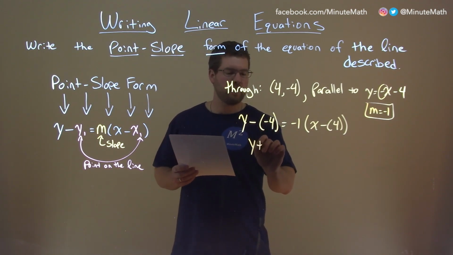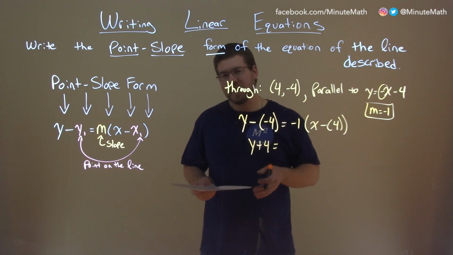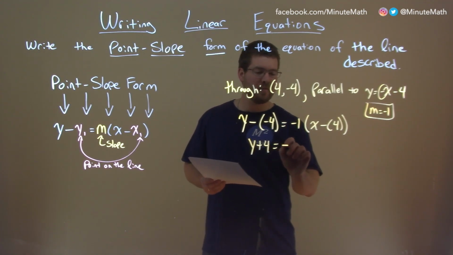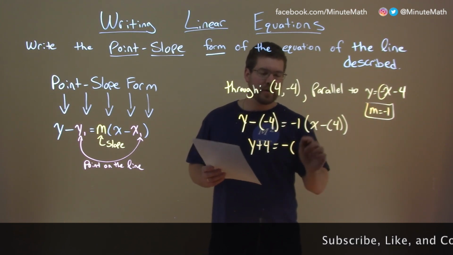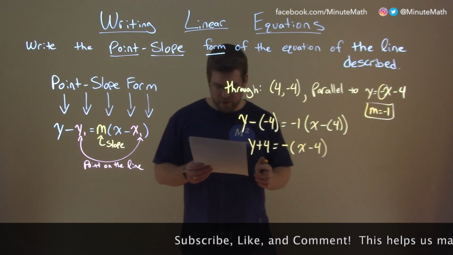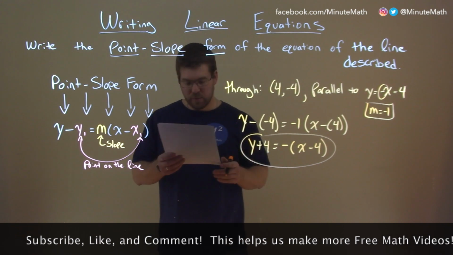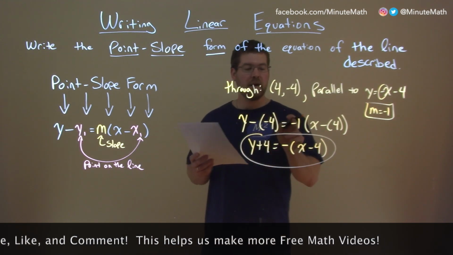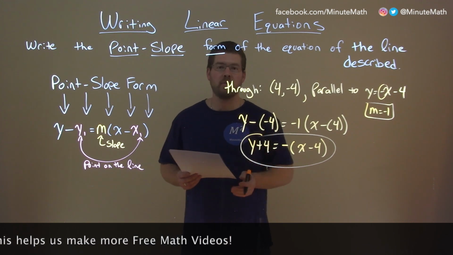So we have y plus 4 here. All right, -1, with multiplication, we never really write it. We can just leave the negative sign out here and put the parenthesis. Y minus 4 here, get rid of the inside parentheses, don't need that. Y minus 4, and there we have our answer in point slope form. Y plus 4 equals a minus x minus 4, and there we have it in point slope form.